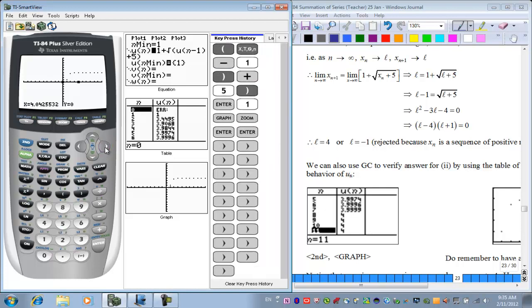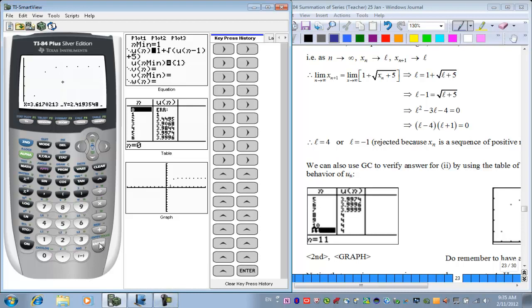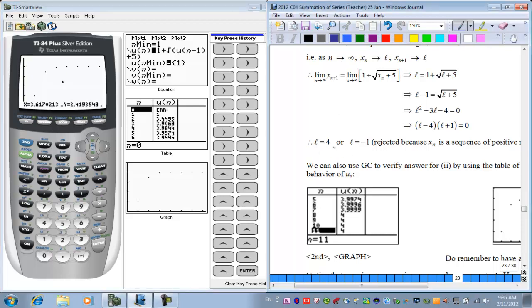Okay, so if I were to zoom here, I see that the y value is basically going to plateau and reach a value of around 4. Okay, so this is congruent with my conclusion in the previous part that the limit is 4.